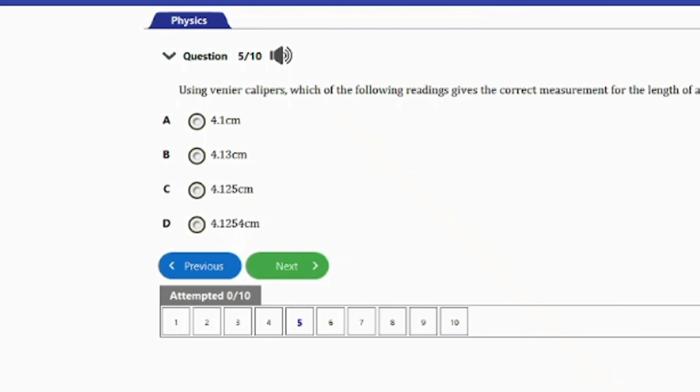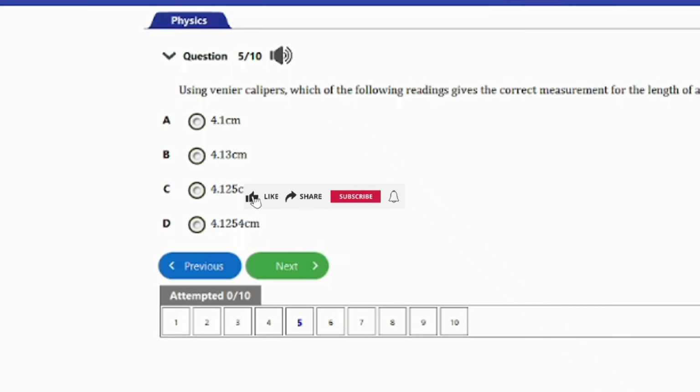So that's question number 5 here. It says, using vernier caliper, which of the following readings gives the correct measurement for the length of a rod? We have A, 4.1 cm, B, 4.13 cm, C, 4.125 cm, and D, 4.1254 cm. So guys, the answer to this question is option B here.